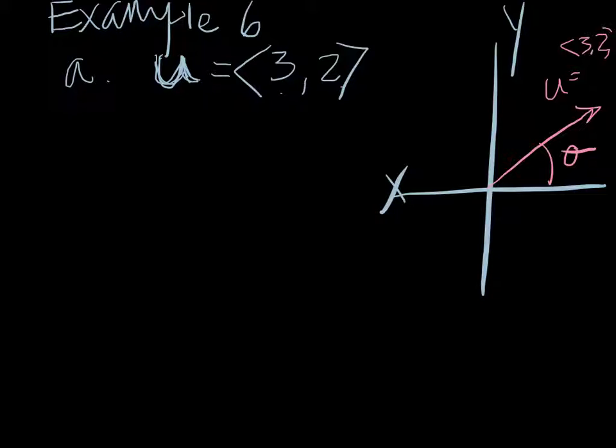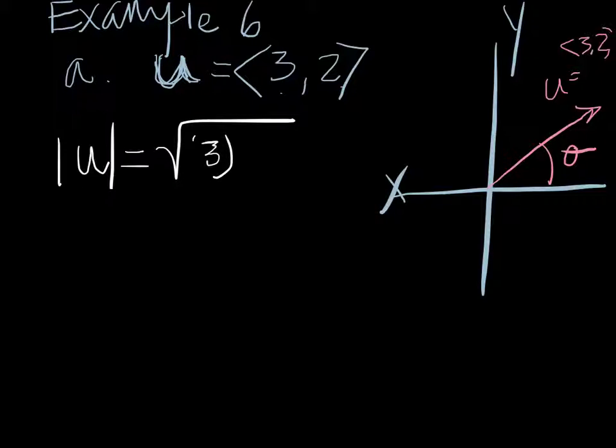Alright, the first thing I'm going to do is the magnitude, because I think that's probably the easiest thing to find. You're going to be very happy and well versed in finding magnitudes of vectors. It's in component form, so I don't need to use the distance formula, because they don't give me the starting point and the ending point.